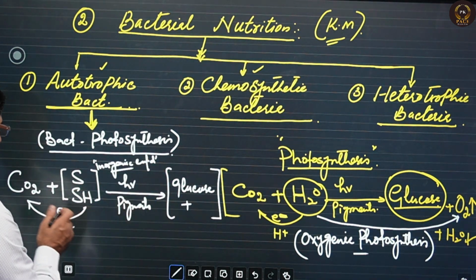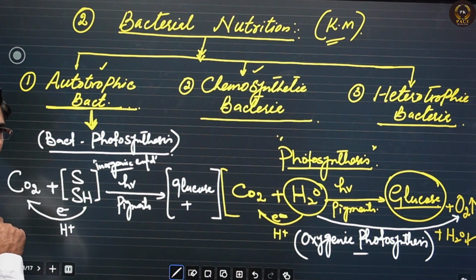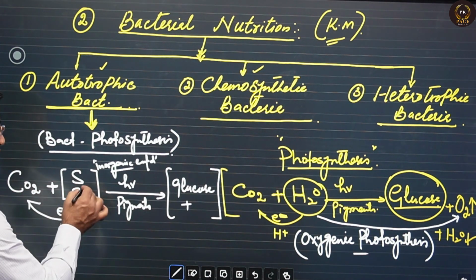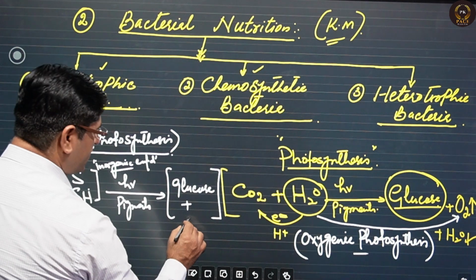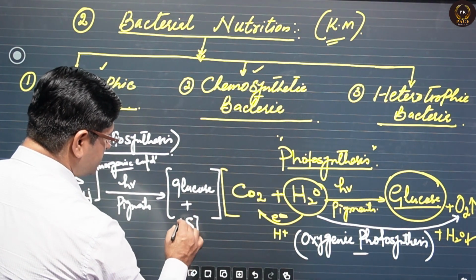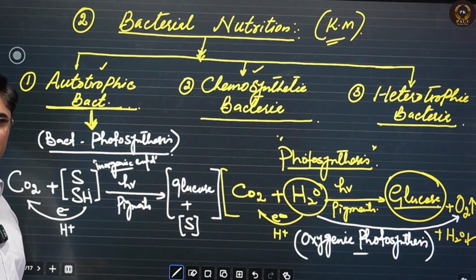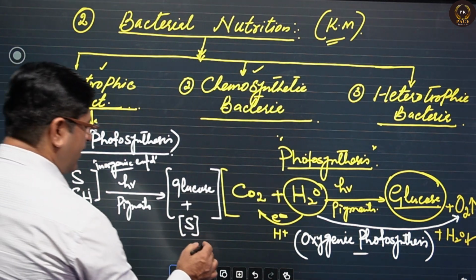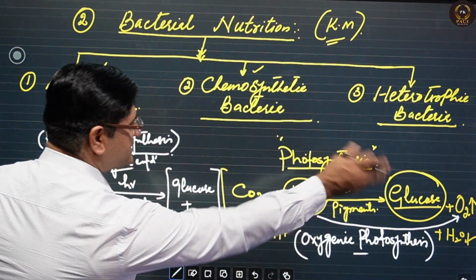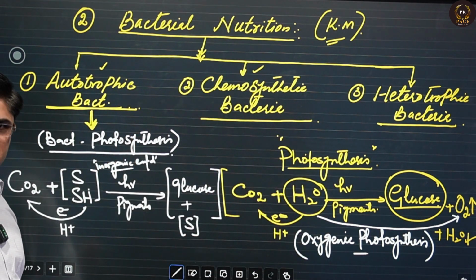Same here, when the carbon dioxide gets combined with the inorganic compound, instead an inorganic product is released, either sulfur or sulfur hydride, but not oxygen. And also no water is released like in plant photosynthesis.